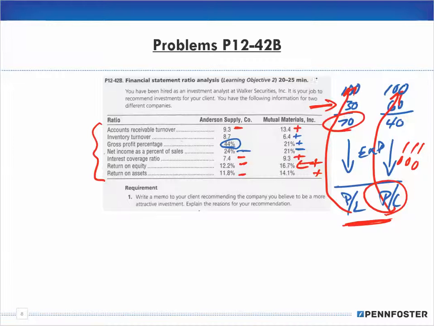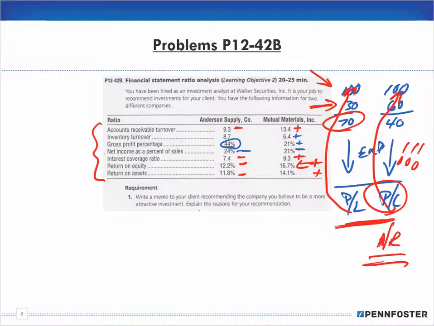Sure, Anderson is selling more. They're turning their inventory over at a greater rate, but that doesn't offset the fact that they're not controlling their expenses. And then with all of those sales, Mutual is actually collecting on their accounts receivable much better than Anderson.